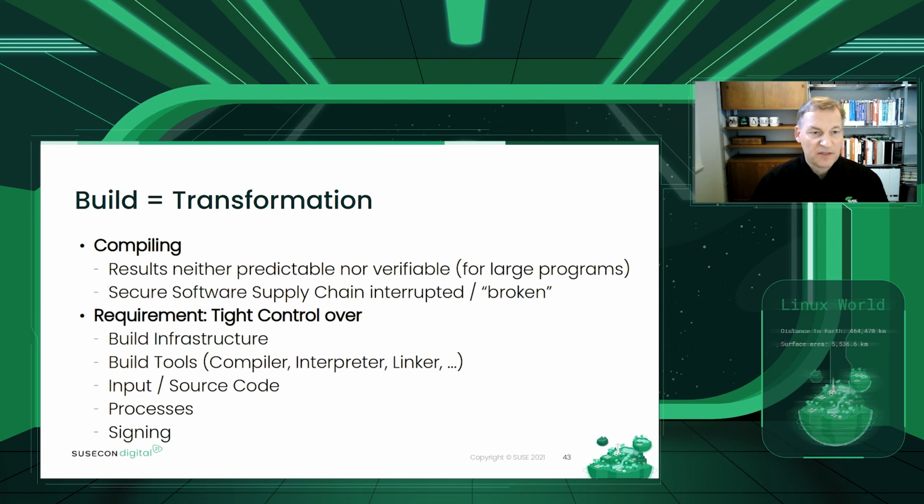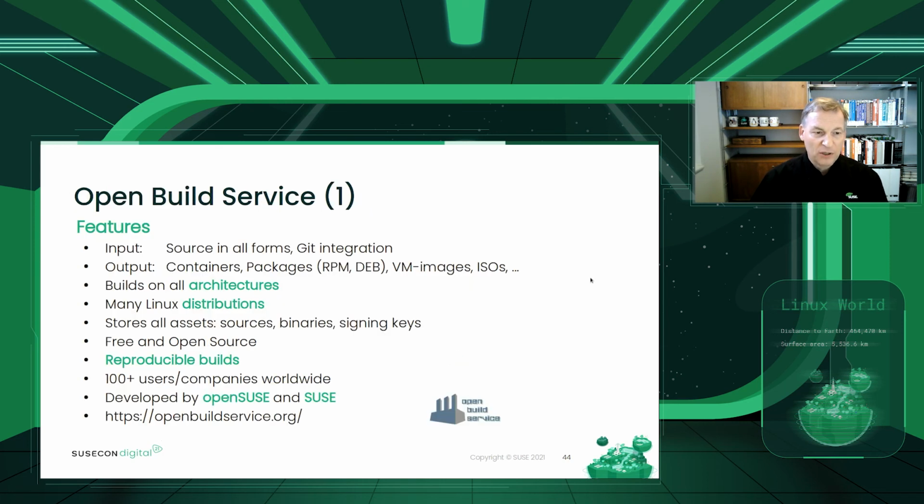SUSE has been doing this for 28 years, and we have put our knowledge about building and maintaining code into an open source project called Open Build Service. It takes input in all forms.